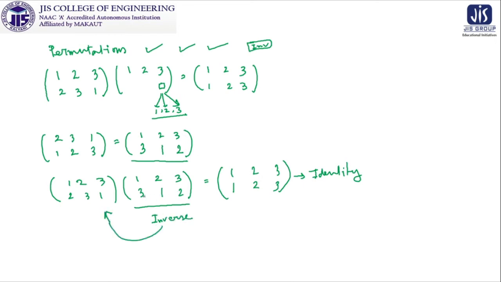And how have we generated this? By this technique. It is not the unique one, but it is a very efficient technique to find the inverse of a permutation. Clear? Now we have to go for the next technique, that is cyclic representation of permutations.